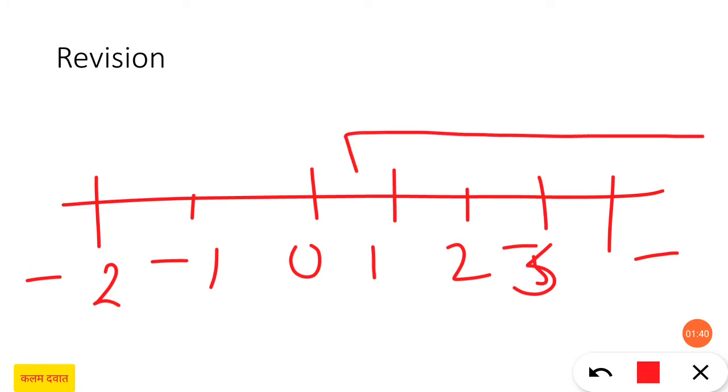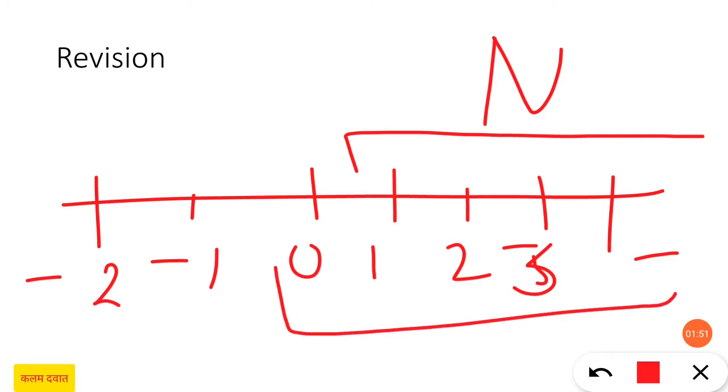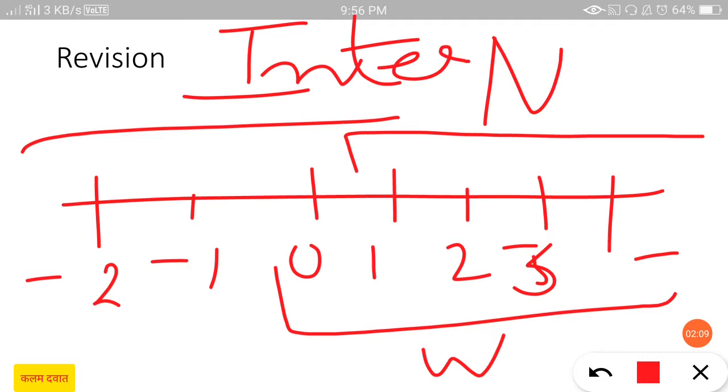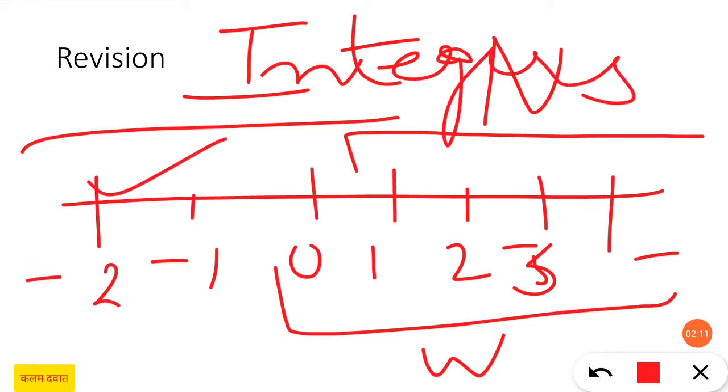If we collect the positive numbers, that collection will be called natural numbers, denoted by N. If we include 0 in the natural numbers, it becomes whole numbers, denoted by W. And if we collect all negative numbers along with the positive numbers and 0 together, they will be called integers. So these are negative integers and these are positive integers. Together with 0, they are the collection of integers, denoted by Z.